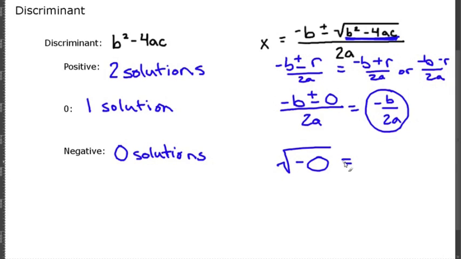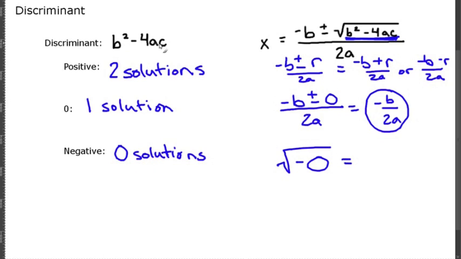However, later, most likely in Algebra 2, we're going to learn about imaginary numbers. So this would be an imaginary root. But for the case of this study, we just need to know that a negative discriminant results in a negative number underneath of a square root, which results in 0 real solutions.